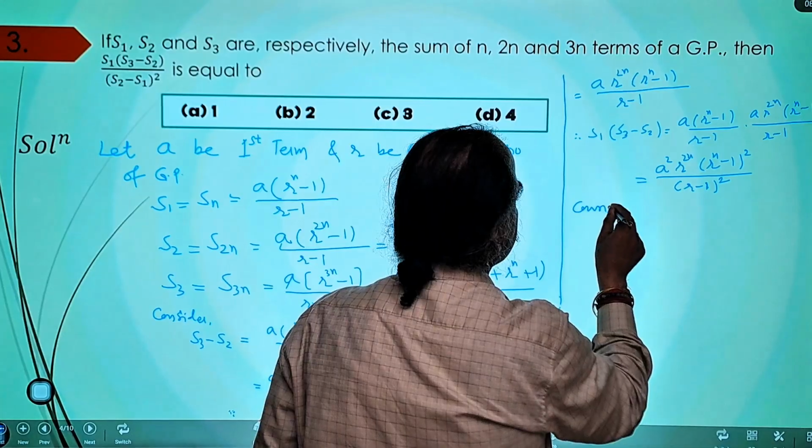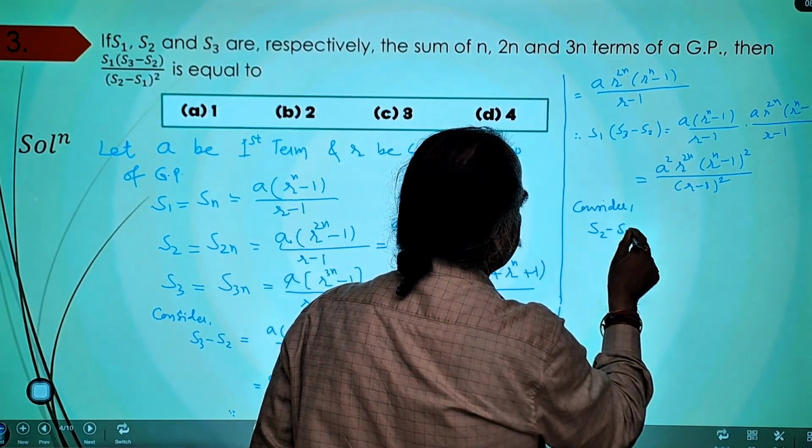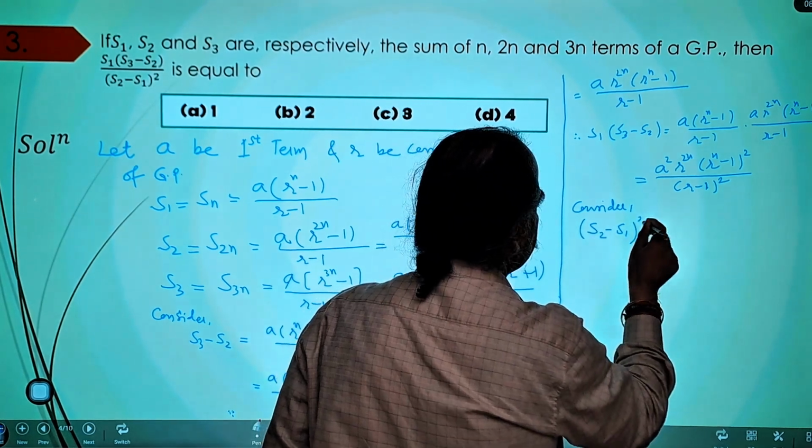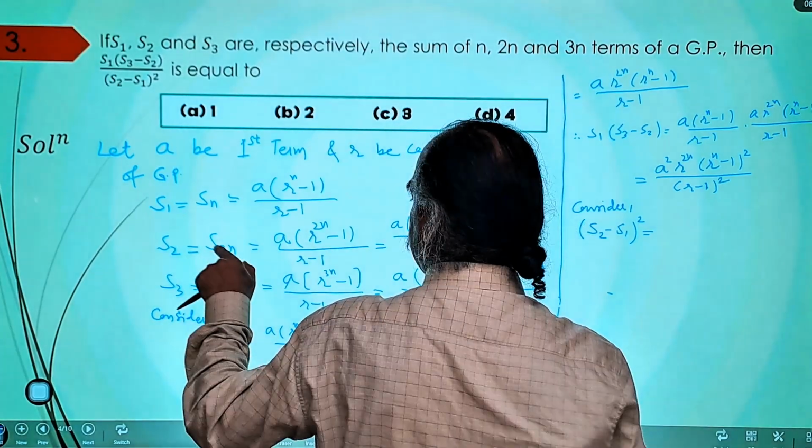Now S2 minus S1 square we will find out. Consider S2 minus S1 square will give you, S2 is what?